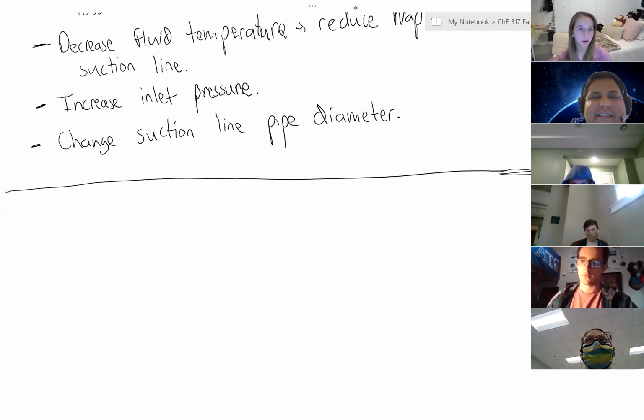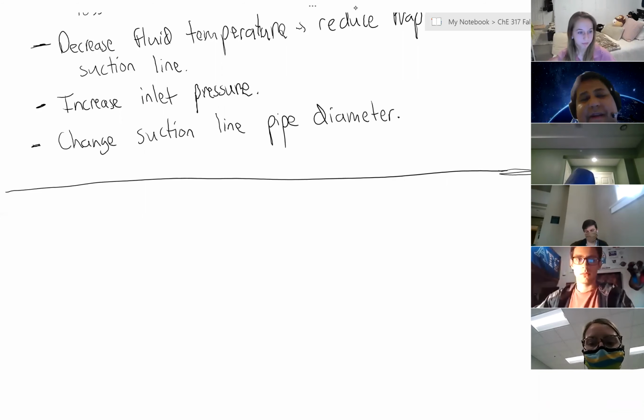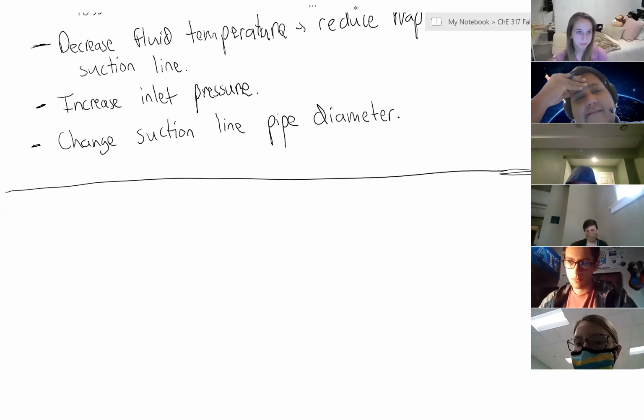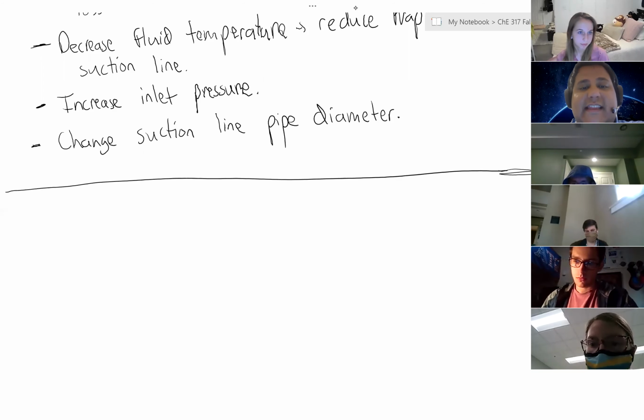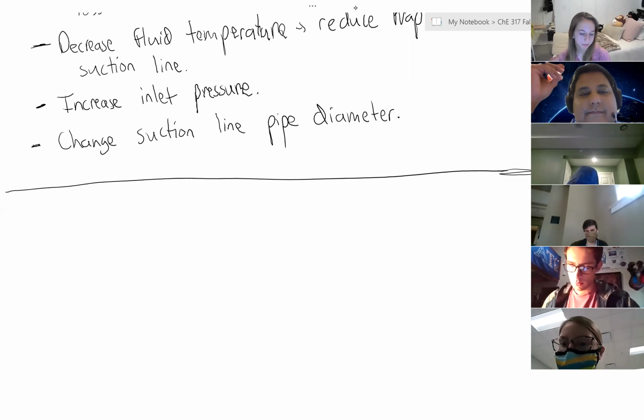If your pump sits below, it should be plus ZA. If your pump sits above the fluid level, then it should be minus ZA. I say that because a lot of times students get confused because they see the minus and they think it should always be minus. So yeah, your mindset is right in terms of how to approach that.